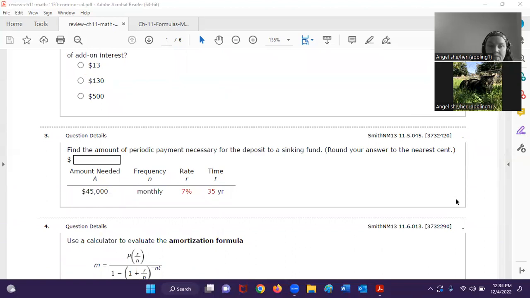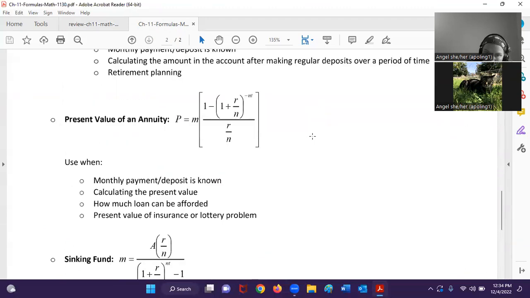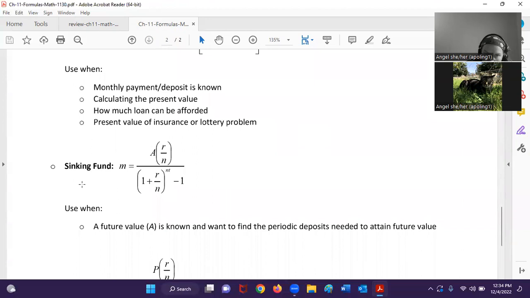Okay, number 3, find the amount of periodic payments necessary for the deposit of a sinking fund. Okay, so we have A, and we're talking about a sinking fund. So go to your formulas, look for sinking funds, right? Here we have the word sinking fund, and here we have the A. So that's the equation that we're going to use.